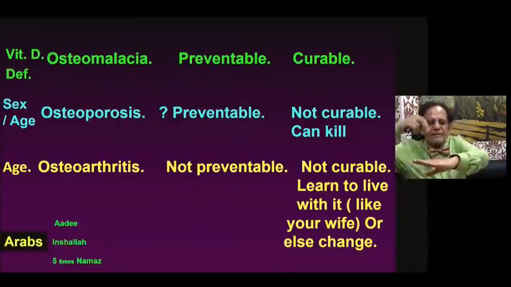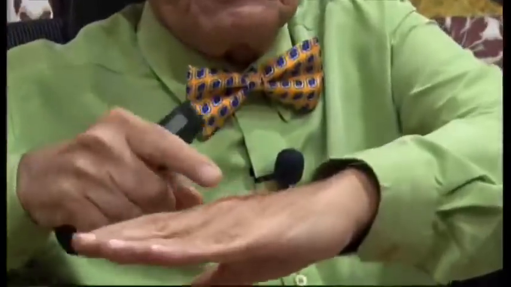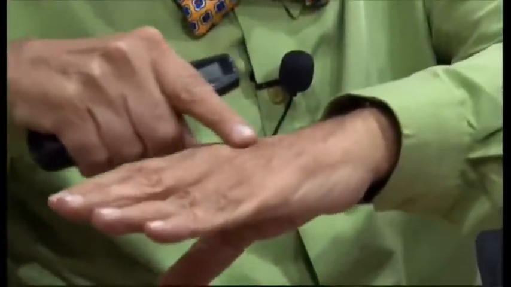You see the elasticity of the skin in me, I am old. If there is no elasticity, the vitamin D will not be absorbed from the sun. So elderly people, even if they go in the sun, still have vitamin D deficiency.